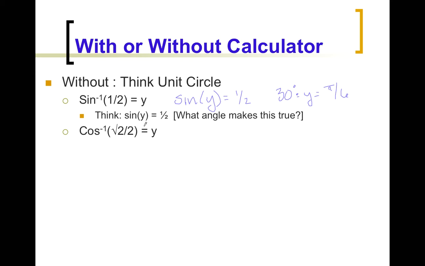And we're again going to think, cosine of what angle is equal to root 2 over 2? So we can go to our unit circle. We would find that that happens at the 45-degree angle. And we are going to look at quadrant 1, not 2, because that's negative root 2 over 2. Oops, not pi 6, pi 4. Sorry about that.